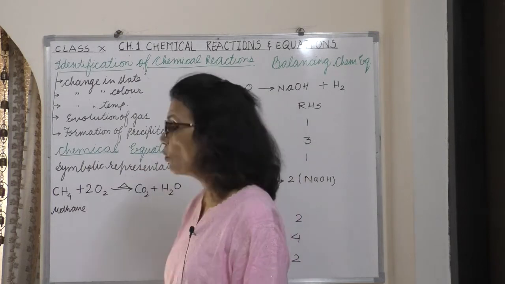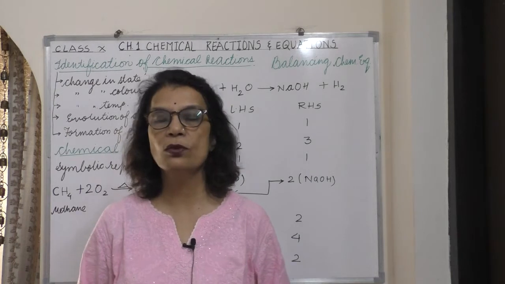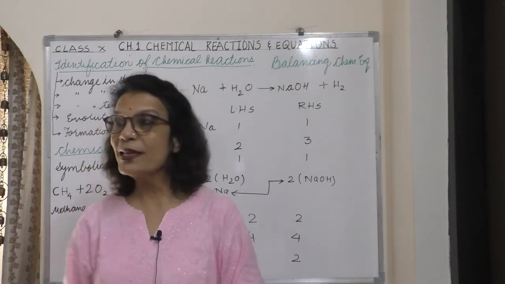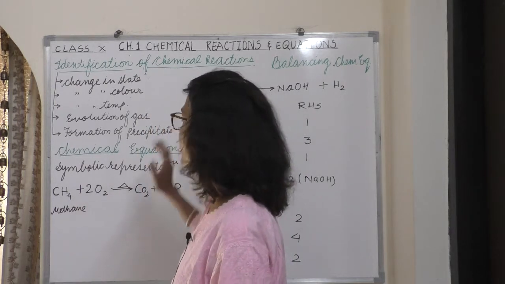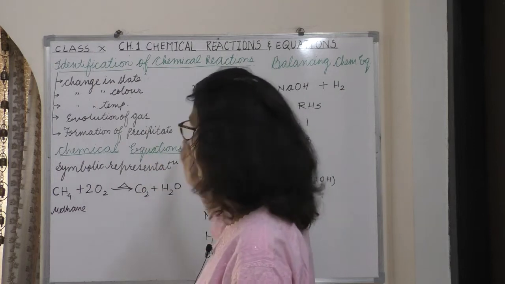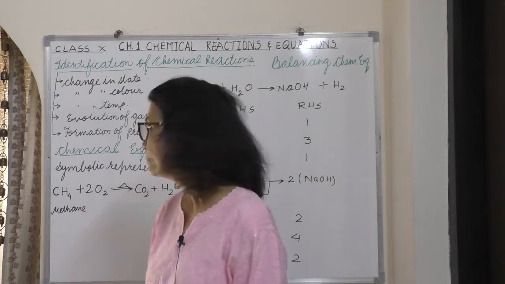Next one is formation of precipitation, the bubbling process, that one is known as formation of precipitation. So on the basis of these five components of identification, you can find out which kind of chemical reaction took place.